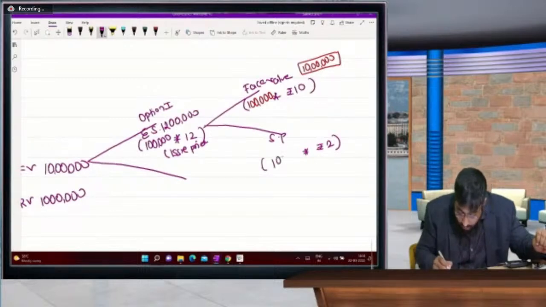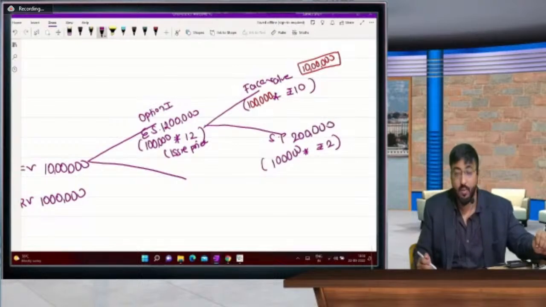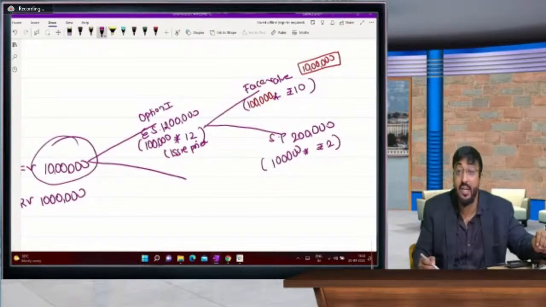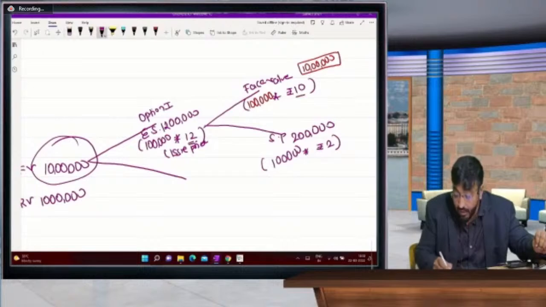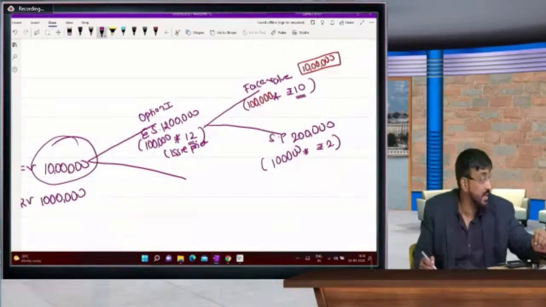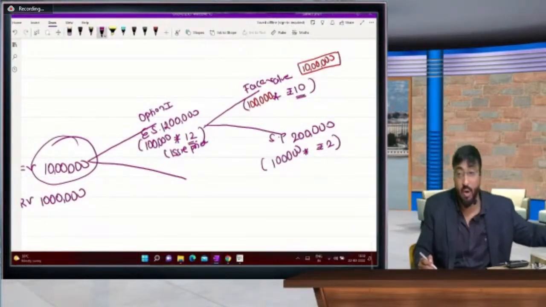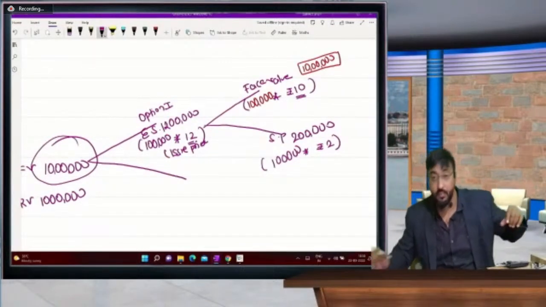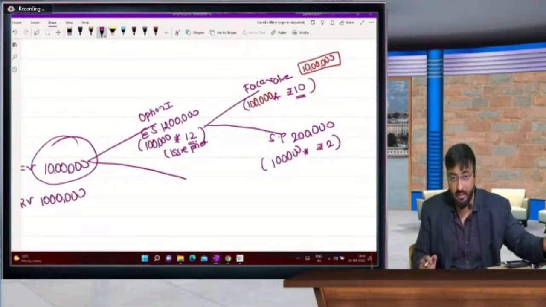And security premium is 2 lakhs. So while deciding this face value, 10 lakhs equity share capital structure, we consider not 12 rupees but 10 rupees. That is the face value. Remember this much. Did you understand, sir? So you will not consider the issue price, 12 rupees. You will consider the face value of equity shares.